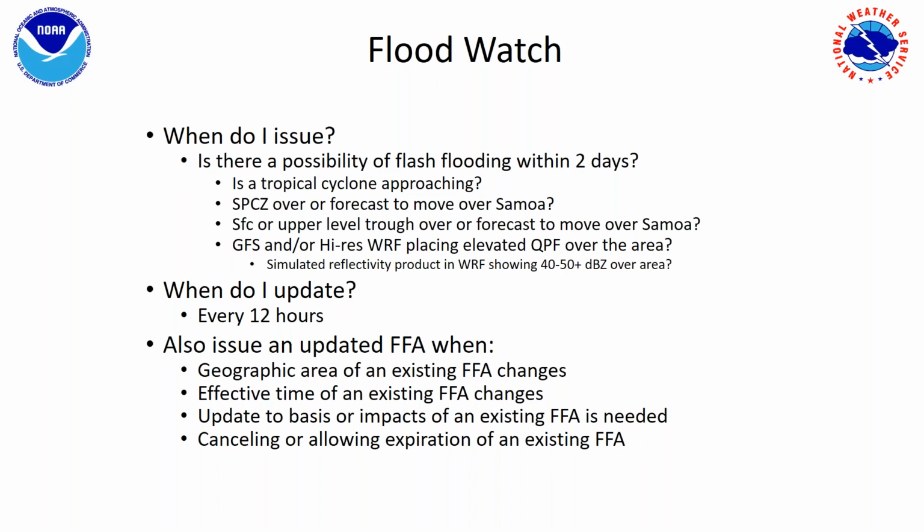So as you get within the 2-day time frame, you would then issue a flood watch. So for you folks out in American Samoa, cases where you could have a flood watch issued would be, of course, you have a tropical cyclone approaching, or if you have this South Pacific convergence zone expected to move over your islands.